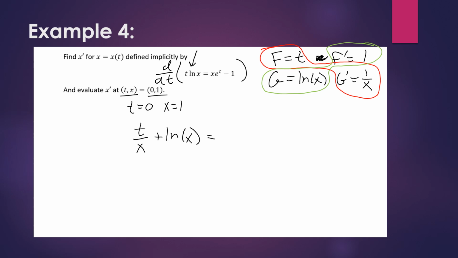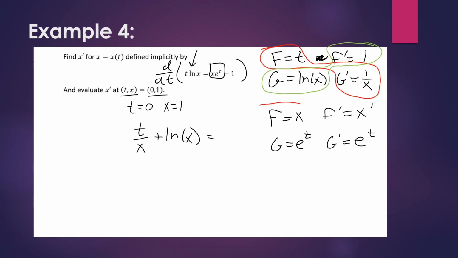well, now I'm going to have to do another product rule because this is a product. So my first function is x. The derivative of x is going to be x prime, because remember, in this case, it is the dependent variable, not the independent variable. My second function is e to the t, and the derivative of that would be e to the t.